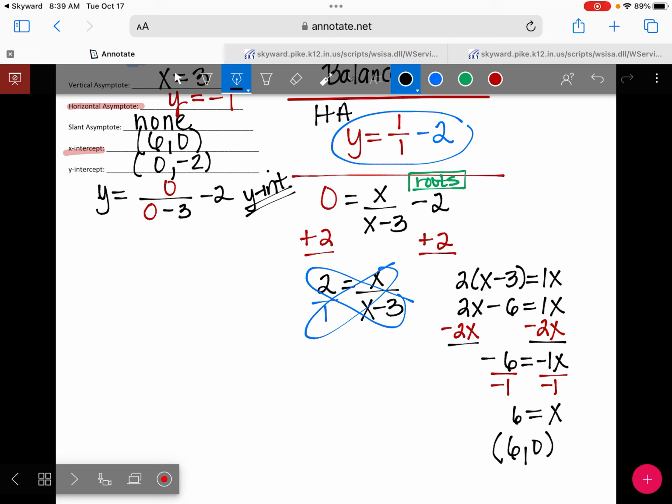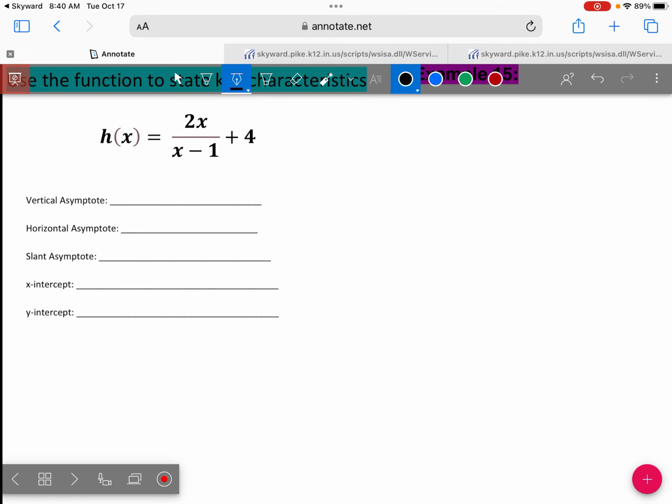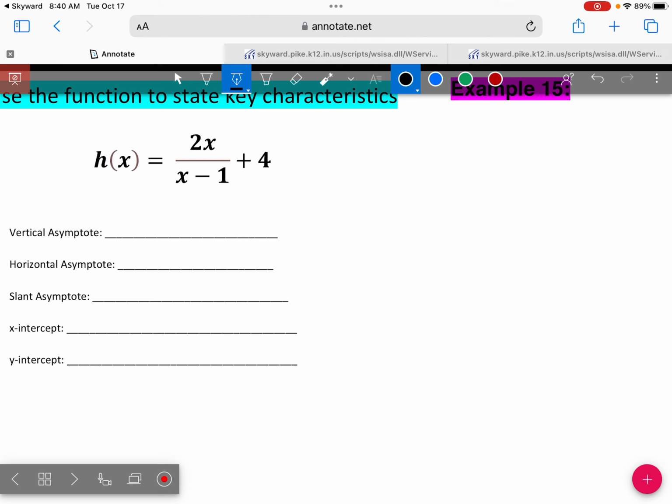So I want you to try to do a special case by yourself. So skip ahead and try to do number 15 all by yourself. So that one is just like 13. So I can give you 3 minutes, 4 minutes. So everyone should be working on question number 15. See how far you can get that done.